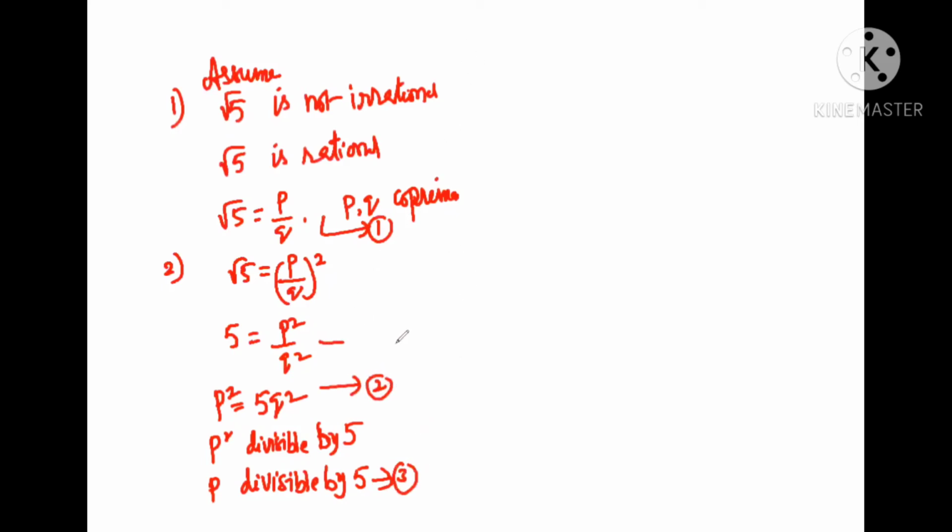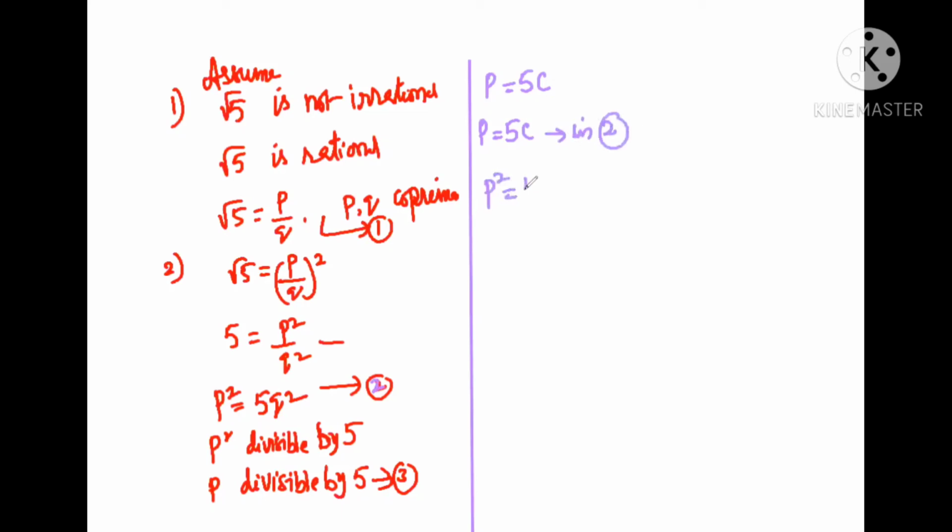So when p is divisible by 5, p can be written as 5c. It's only a quick review. We put p equal to 5c in the second equation, p square is equal to 5q square.